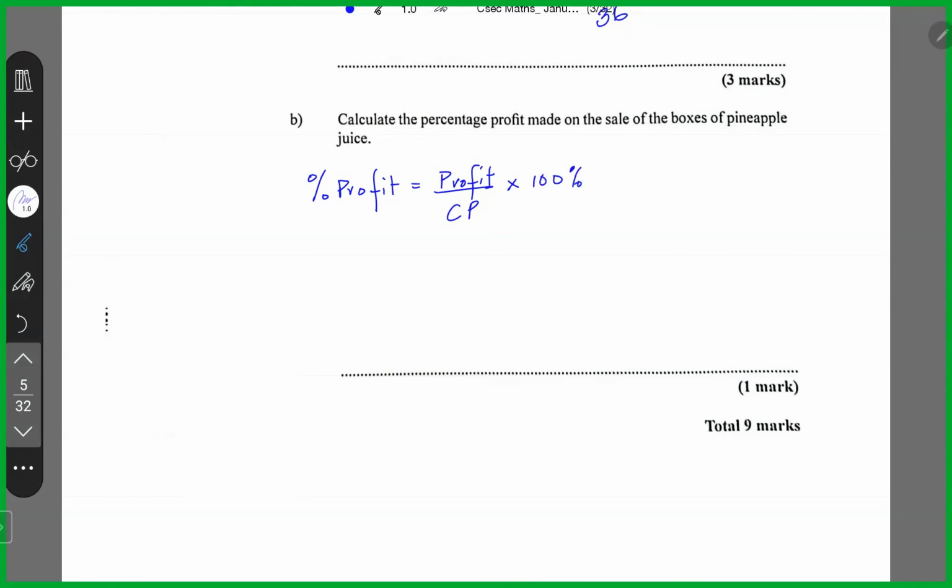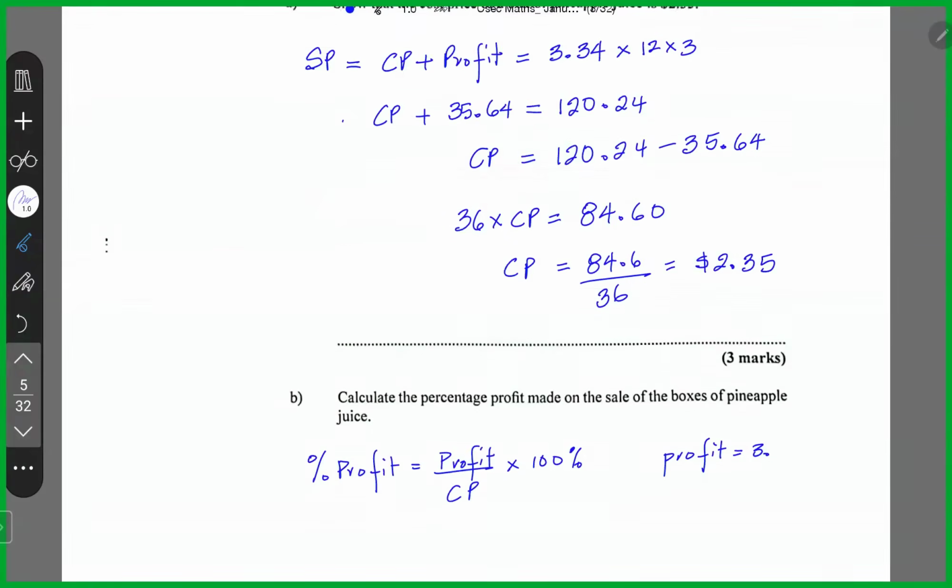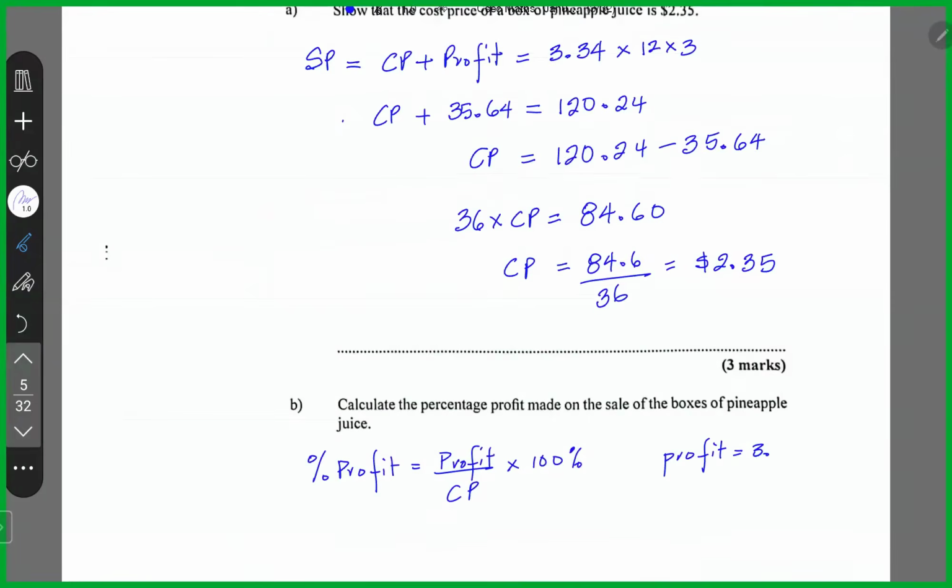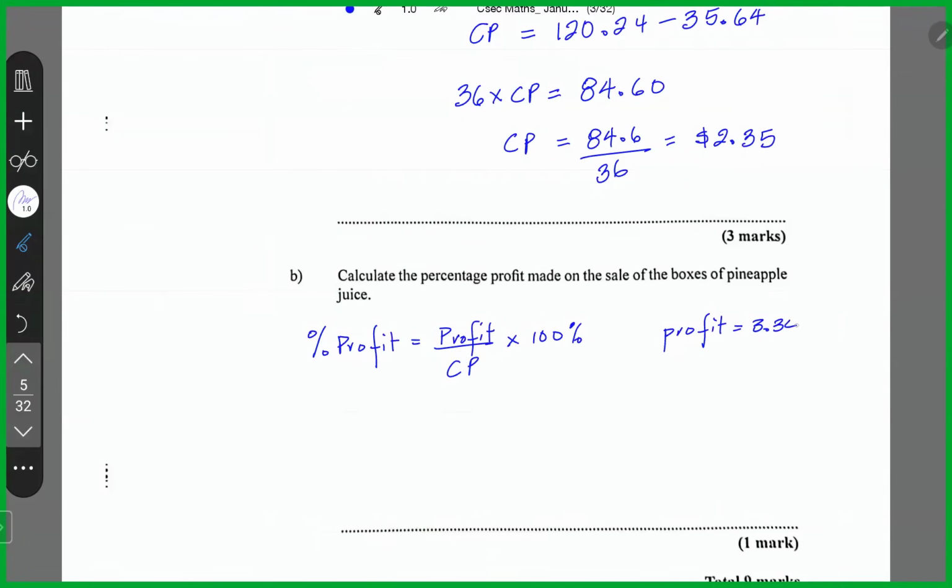Now, the profit for one juice would be $3.34 minus $2.35.